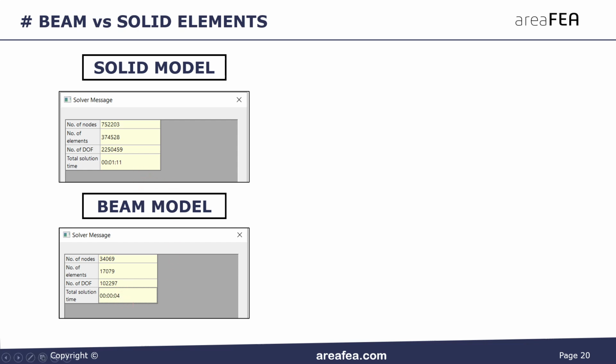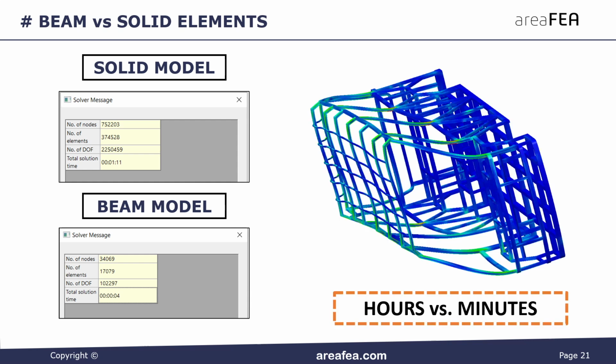And now you might be thinking, well, a simulation of 1 or 2 minutes is not a big issue, right? But remember the example of the vehicle rollover that I showed you at the beginning of this video. That model took me hours of simulation using solid elements and just some minutes using BIM elements. Looking at these numbers, it's worth considering BIM elements in our simulation whenever we can use them.